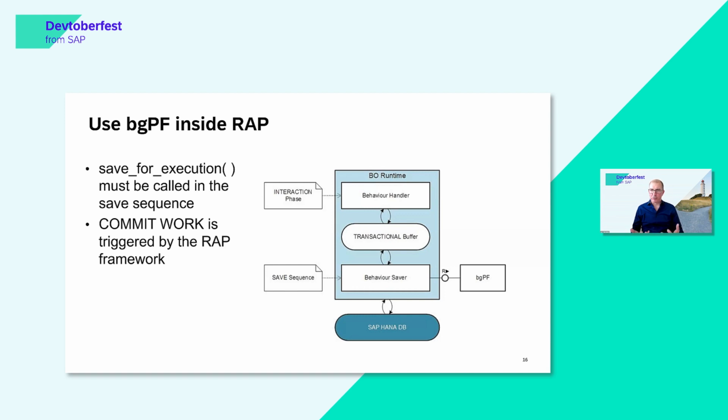So you have a RAP app, and you want to, for example, have an action button, and that should now start this asynchronous processing. Then this save for execution method would be called, and that must be called in the save sequence. And the commit work is triggered then for you by the RAP framework.